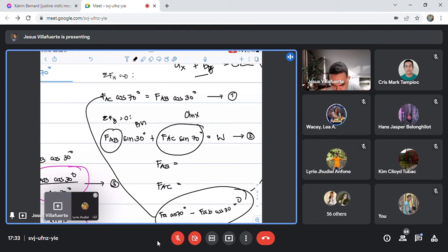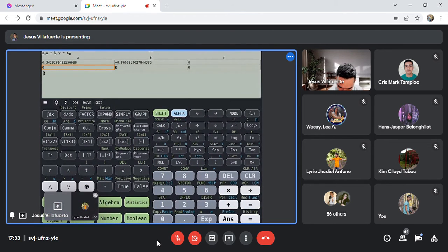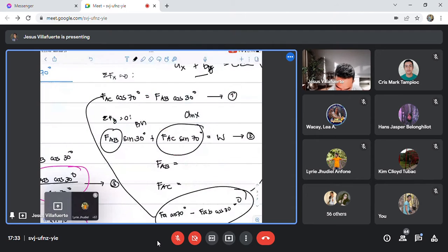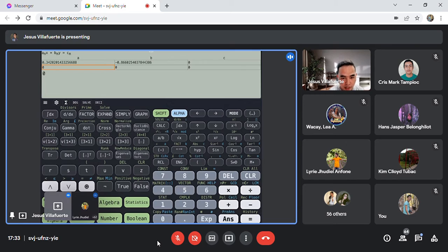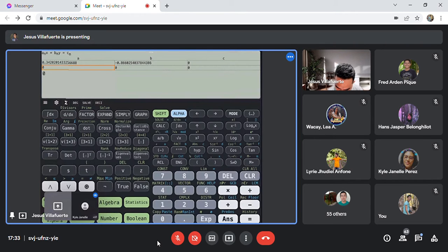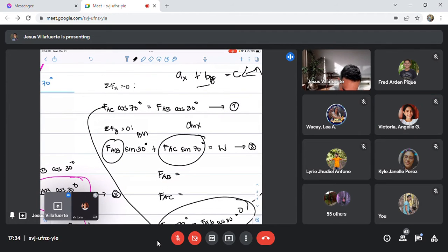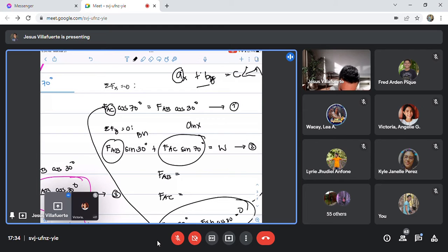So you input sine 70. Why sine 70 and not sine 30 for my A? Because we should be consistent with FAC. My A is the FAC, so you have to understand that this is also the FAC.